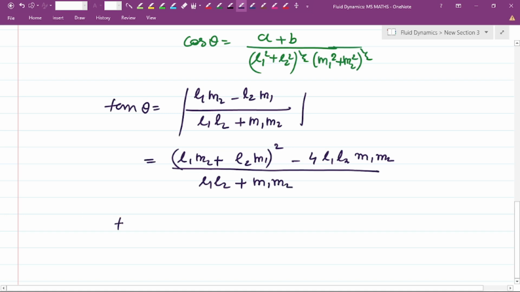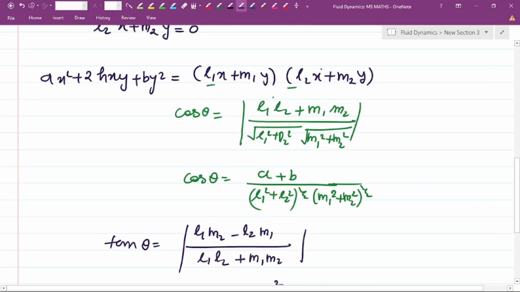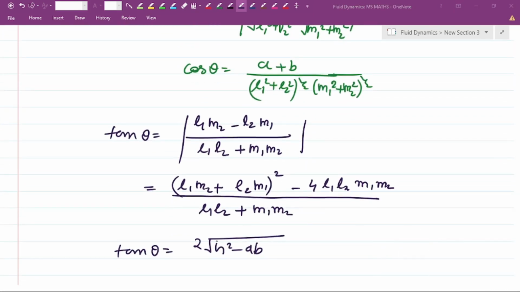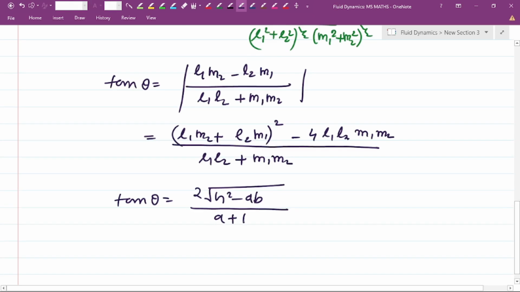So the tan theta can be written as 2 root of h square minus ab upon a plus b, because if we compare, this whole thing is basically equal to 2 into root of this. Now L1 L2 plus m1 m2 is basically a plus b.